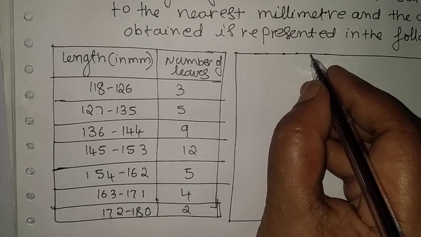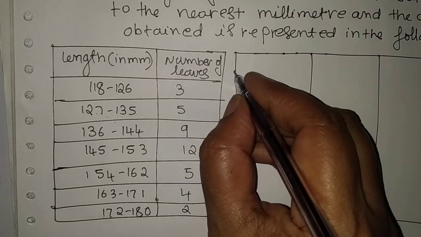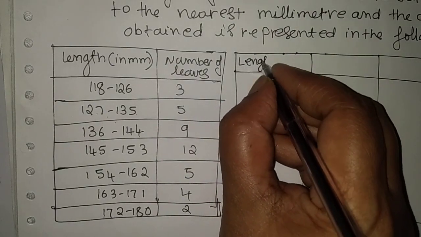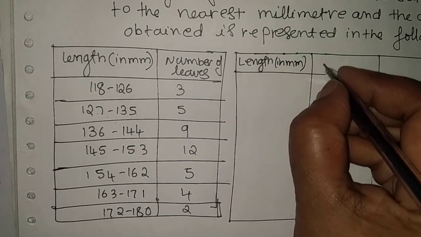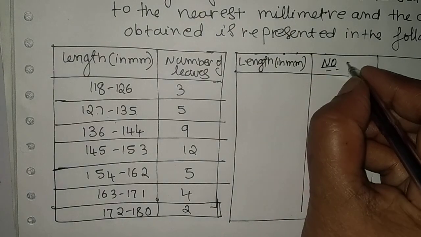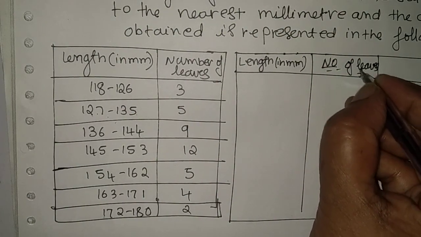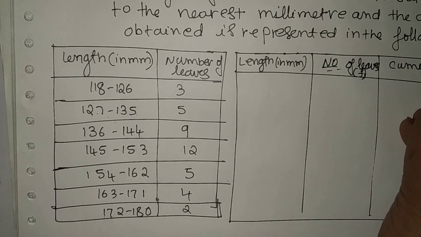So write down this class interval, then frequency, then cumulative frequency. So write down length in millimeter, number of leaves f1, then cumulative frequency.